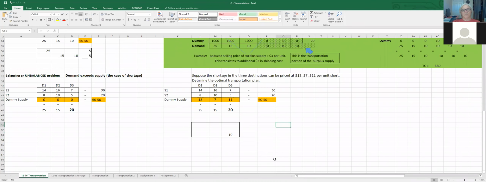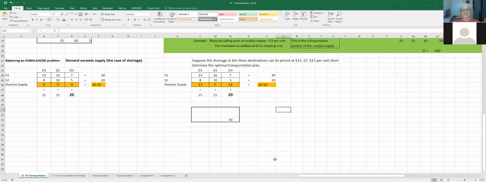So what does it mean? It means that this demand point will have a shortage of 10, but is it possible? Because the demand is 20. So if shortage of 10, you have to have a 10 here somewhere. Let's say 10 will be here. Now the sum is indeed 20.